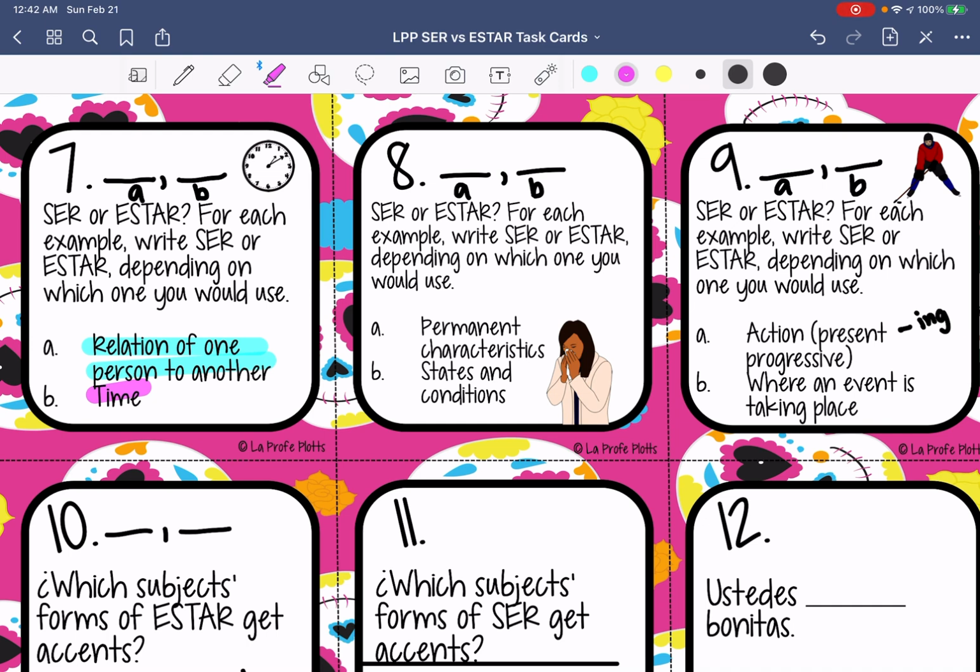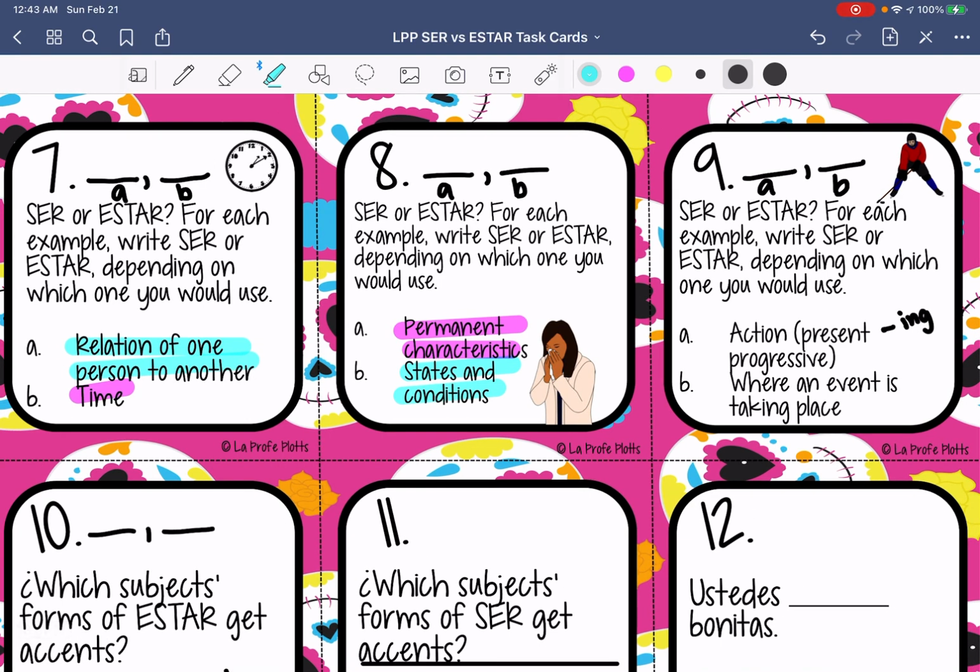Answer, comma, answer. Número 8, number 8. Would you use ser or estar if you're talking about permanent characteristics? Would you use ser or estar if you're talking about states and conditions? Answer, comma, answer.